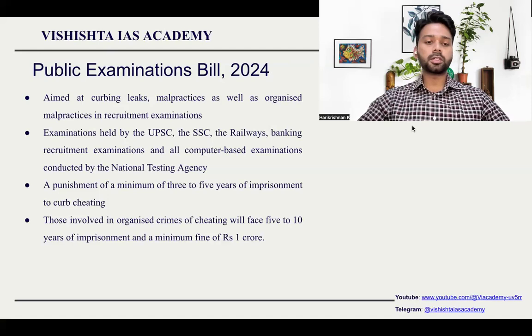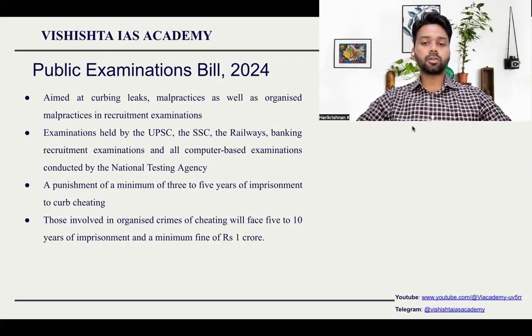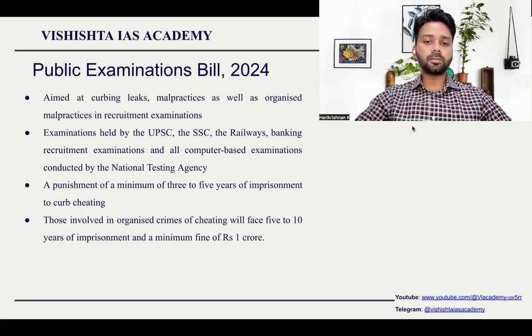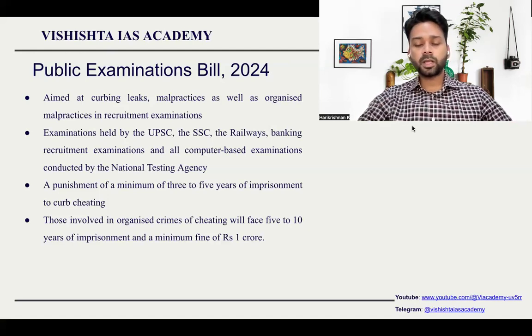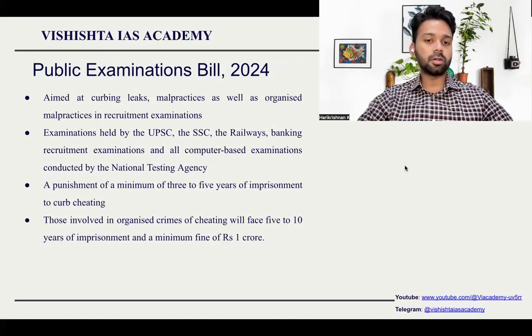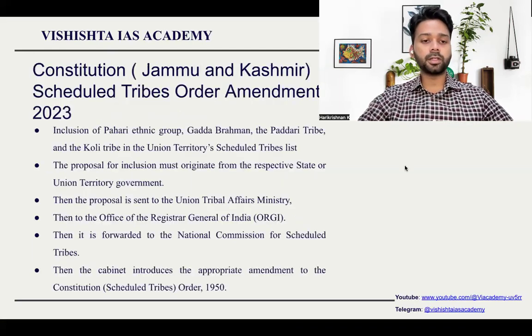The most important point is that such a bill was introduced in order to ensure transparency and a proper way of conducting examinations. Second, the examinations which come under this bill: UPSC, SSC, Railways, Banking examinations, and computer-based examinations conducted by the National Testing Agency. These 2 points are very important.